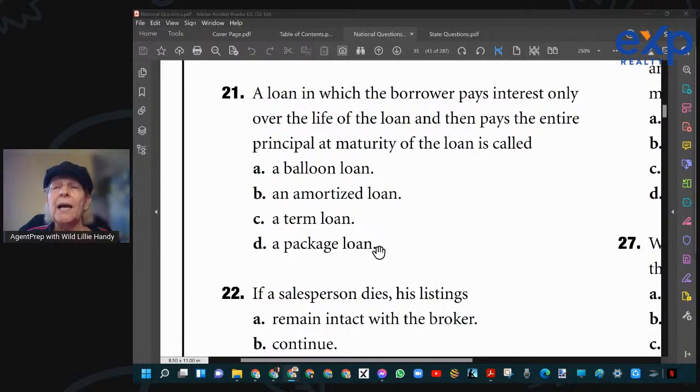So again, ladies and gentlemen, study your vocabulary. What is a balloon loan? What is an amortized loan? What is a term loan? What is a package loan? After this class, go study your vocabulary. Not necessarily the answers for this one, but study the vocabulary.